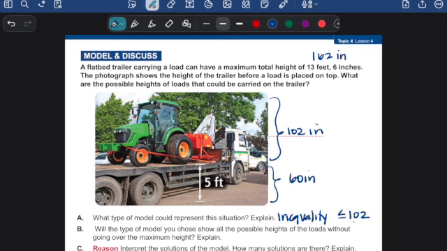Anything less than or equal to 102. So 100 inches, 98 inches, 72 inches. Anything and everything in between, even decimals. It includes all of the possible heights, less than or equal to 102 inches. And so that's what the solution would be. Okay, so the load can be less than or equal to 102 inches, or no more than 102 inches. And we can use an inequality to represent that situation.